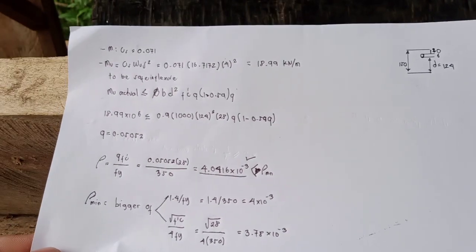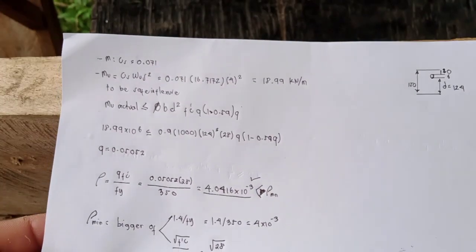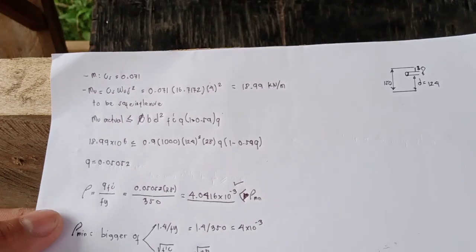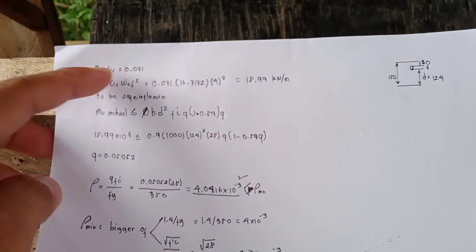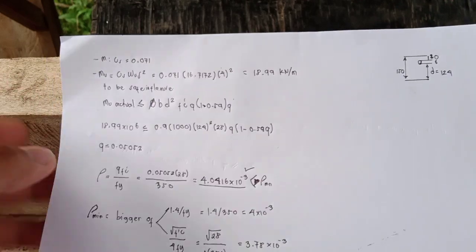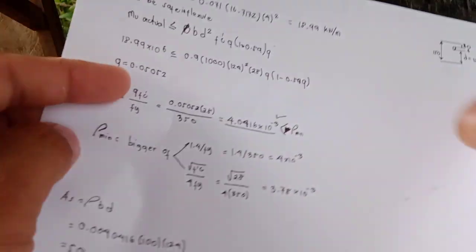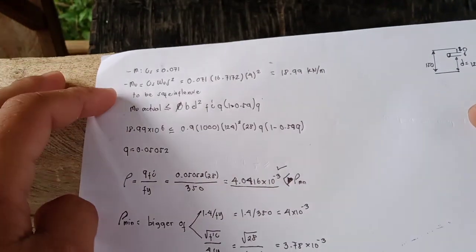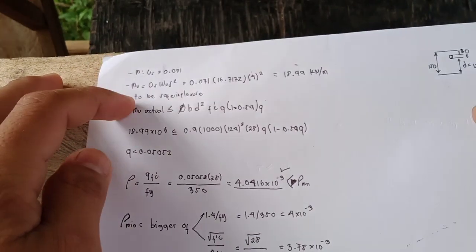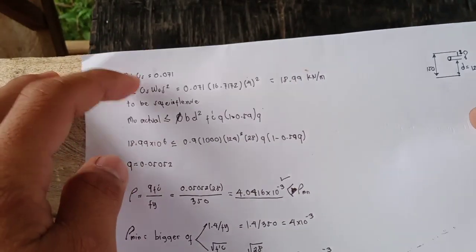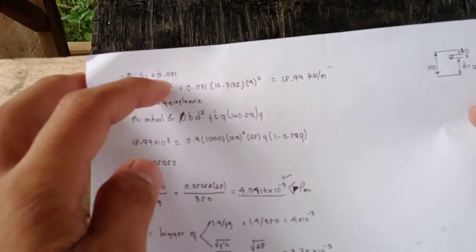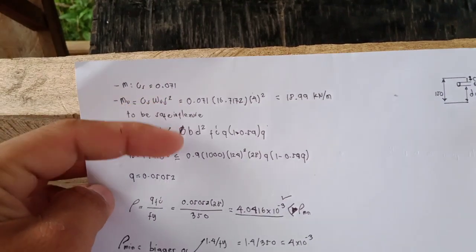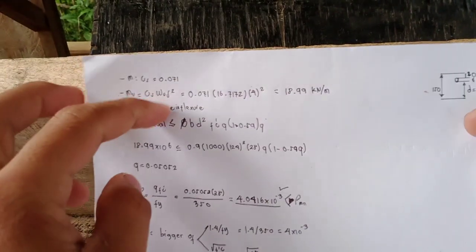This is the short span, so the coefficient of the negative moment for the short span is equal to 0.071. So Mu equals coefficient Cs times Wu times S squared. Why can we use S? Because we are using the short span. If we are using the long span, we use L.